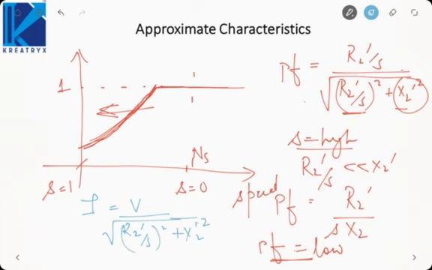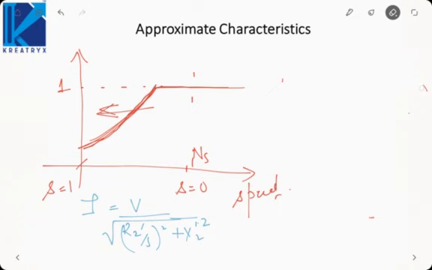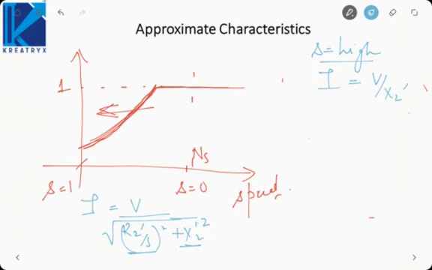So for high slip, what will happen? For high slip, we can neglect R2 dash by S in comparison to X2 dash. So I will be V by X2 dash, which is constant.